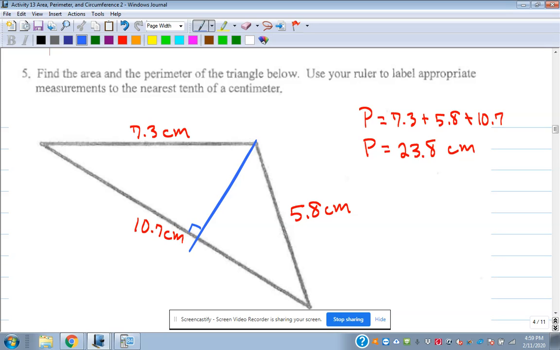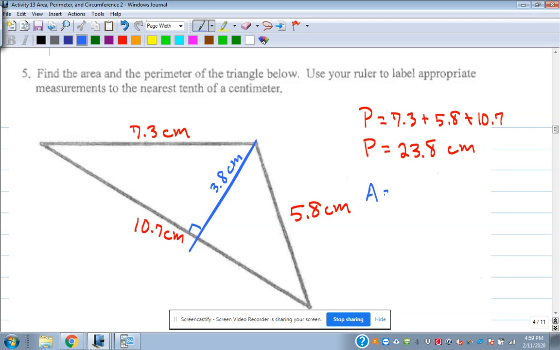I'm getting somewhere in the vicinity of 3.7, is what I got, somewhere around 3.7. So you're measuring from where it hits the base, which is the long side, to that corner, the length of that line. 3.6, maybe 3.8. Yeah, 3.7, 3.8, something like that.